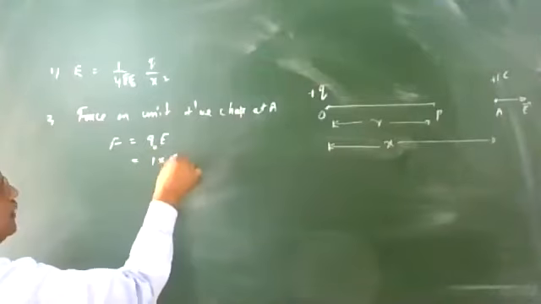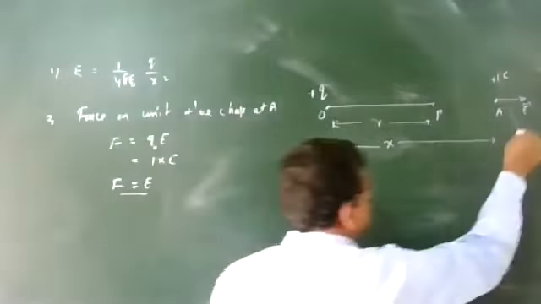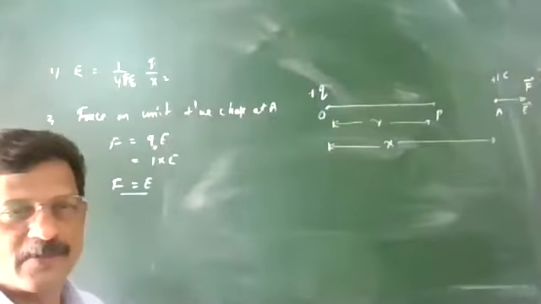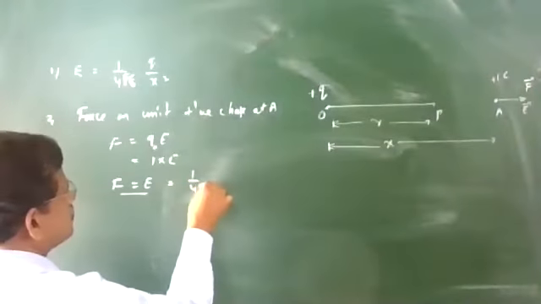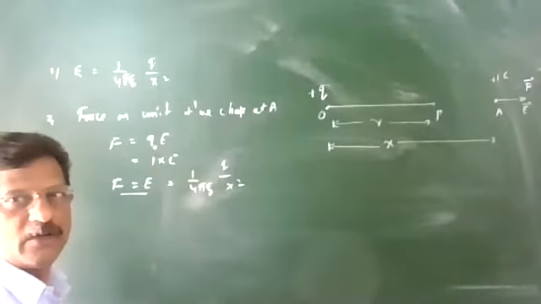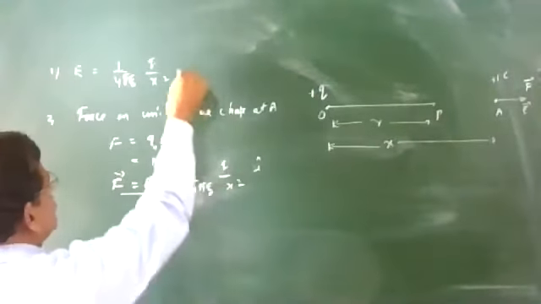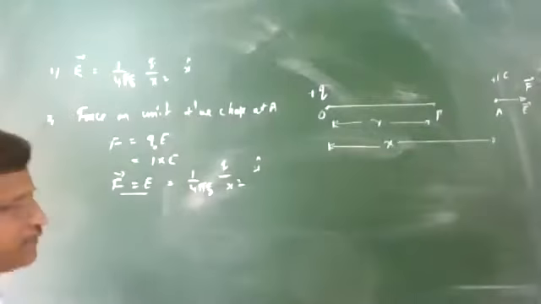So 1 into E, the force is the same as the electric field. So the direction of force is also in this direction, which is equal to 1 by 4 pi epsilon 0 Q by x square. In vector form, F vector is equal to this with x cap, and here also you can put x cap for the direction of the electric field.